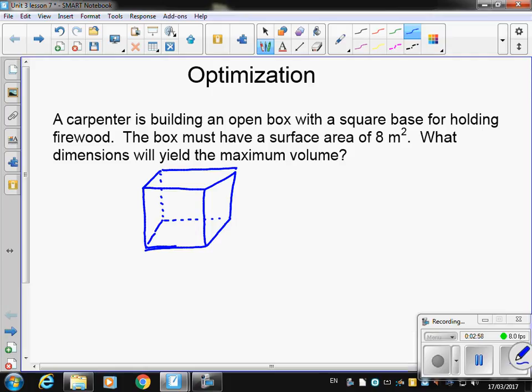And what we know is that the bottom is a square, and we have a height as well. It has to have a surface area of 8. And we want to know, I do old school required to find, but you could write whatever you want. I need to know maximum volume.